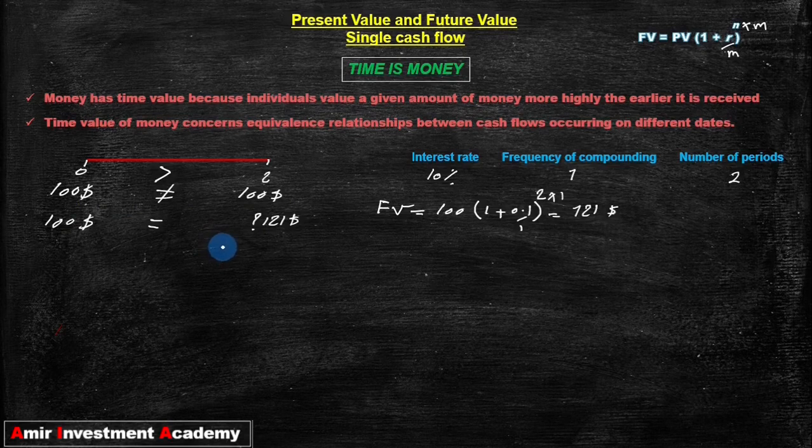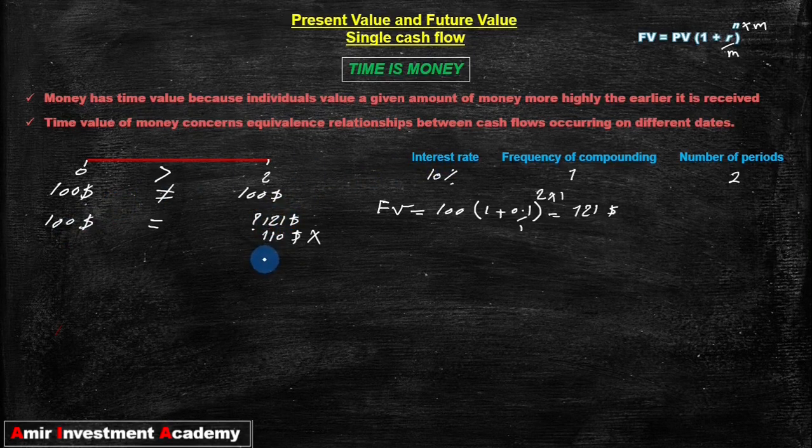Well, let's look at it this way. Let's say somebody comes up to you and says, all right, give me your $100, and in exchange for your $100, I will give you, let's say, $110 in 2 years. What would you say? You're going to say no, right? Because I can invest my $100 at a 10% rate and get $121.